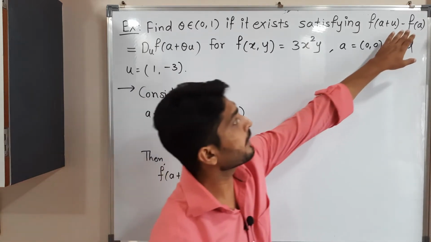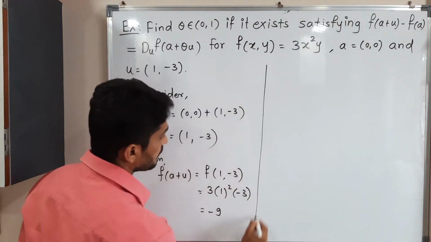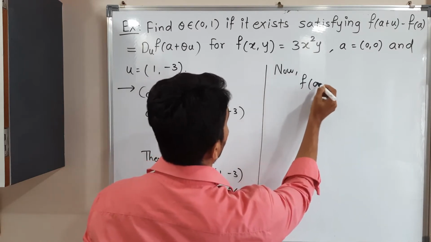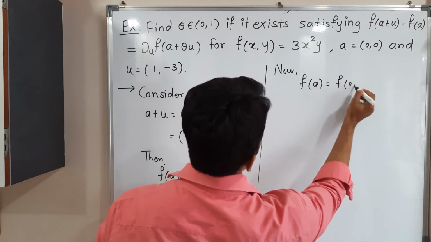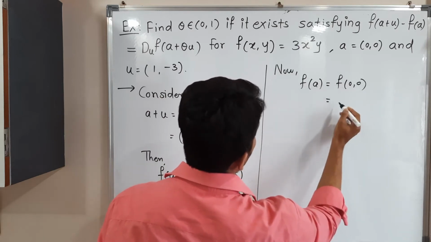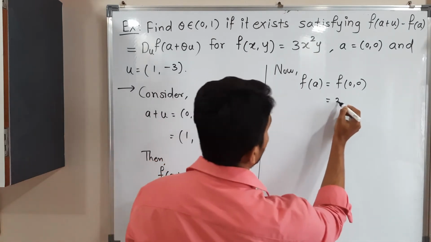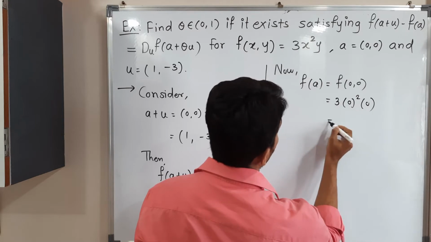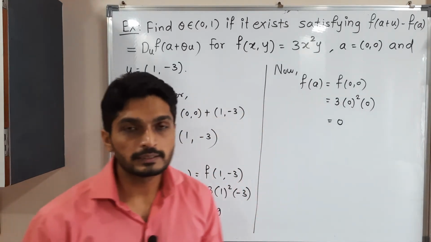Let us find f of a now. Here a is 0 0, so it is very simple: f of 0 0. We follow this definition: 3 into 0 square of the first component into the second, but if you take the product with 0, it will be 0.